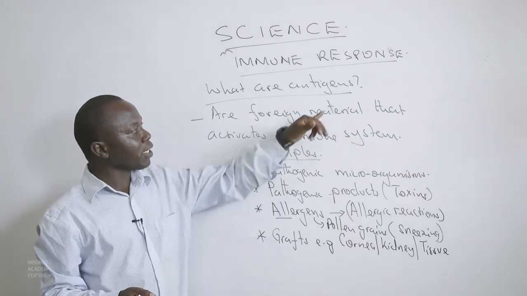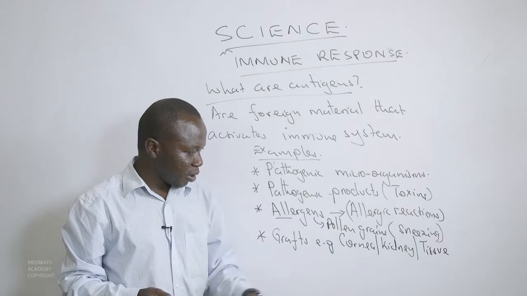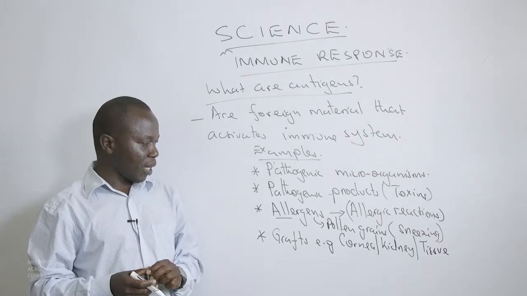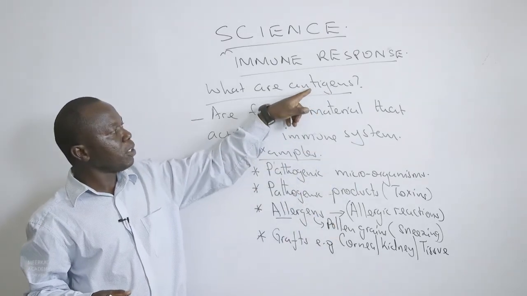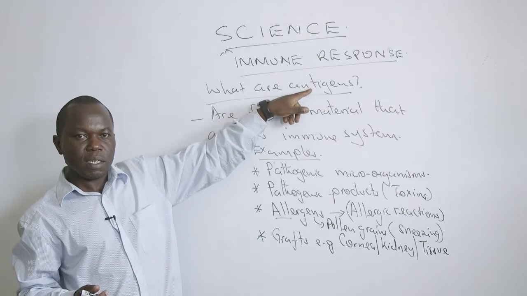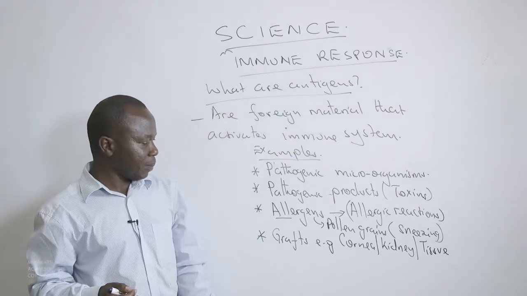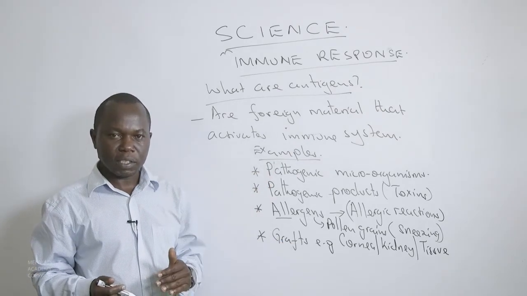That can act as an antigen. Sometimes a kidney has been transplanted from one person to another and is rejected. It was rejected because the immune system recognized it as an antigen, a harmful substance to the body. So these are examples of antigens.